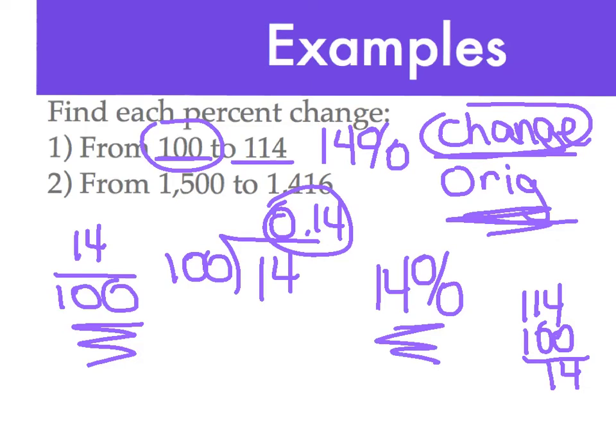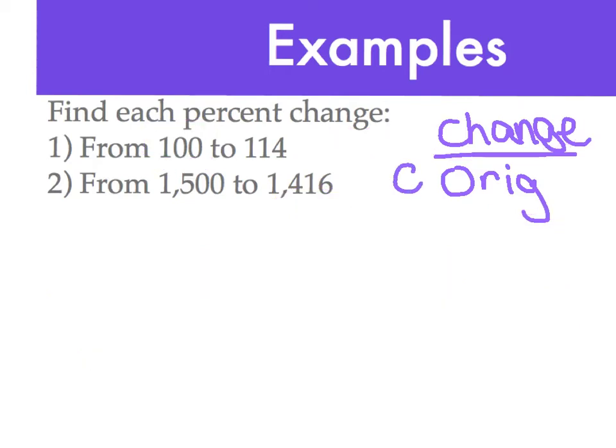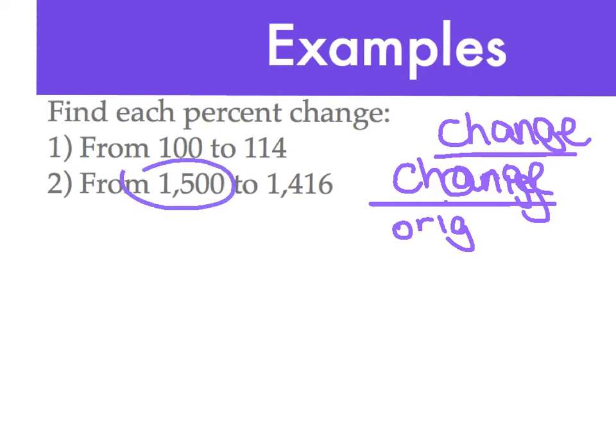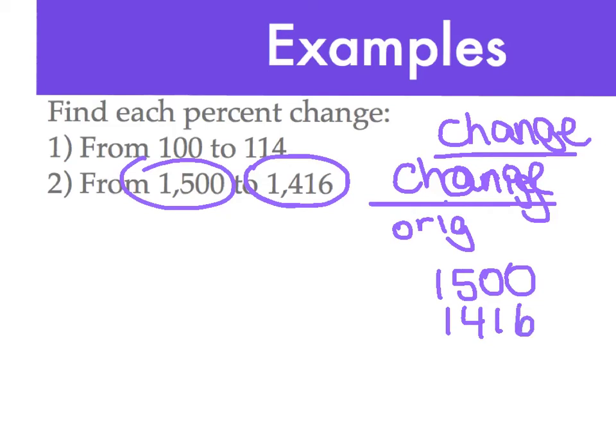Let's try number 2 together. Again, we are looking for the change over the original amount. Well, I need to see how much we changed from 1,500 to 1,416. So 1,500, 1,416.